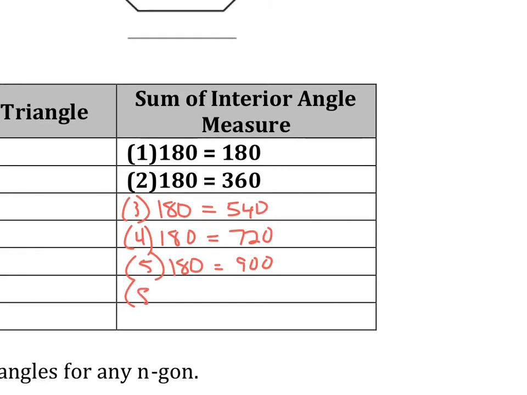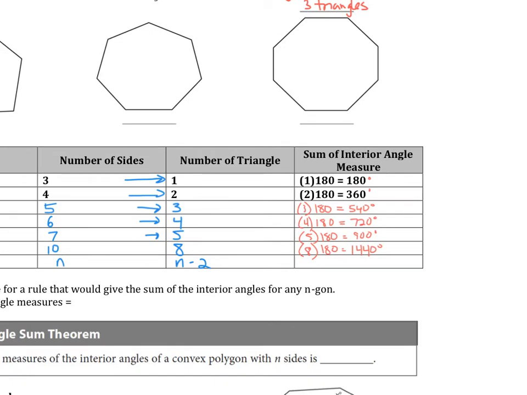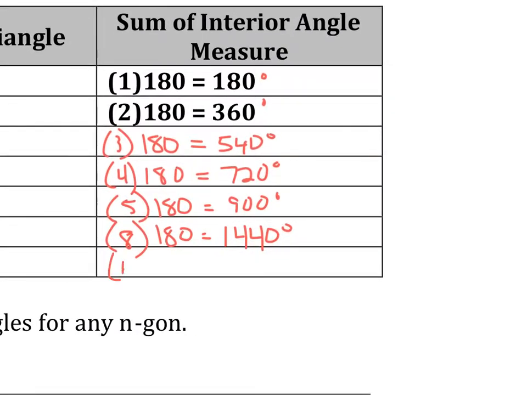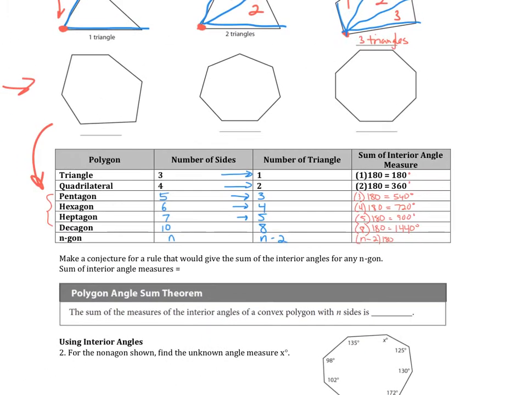And then we have 8 times 180, which is 1,440. And really, these should all have degrees, right? Because we're talking angle measures. Now, this last one, I may not know what n is, but I know the number of triangles is n minus 2. So I'm going to take whatever n minus 2 is, multiply that by 180. And that's okay, right? When we know how many sides we have, we can use that later on.